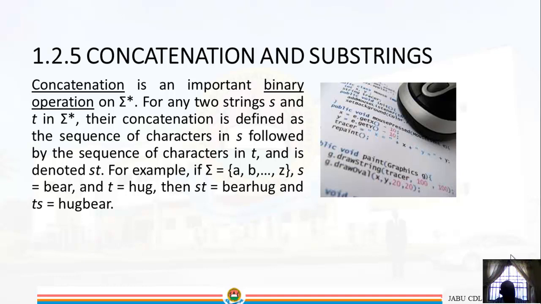For any two strings S and T in Σ star, their concatenation is defined as the sequence of characters in S followed by the sequence of characters in T, and is denoted by ST. For example, if S is beer and T is dog, then ST is beerdog, and TS is dogbeer. That's the concatenation.